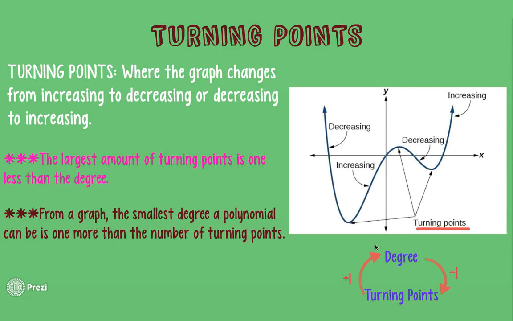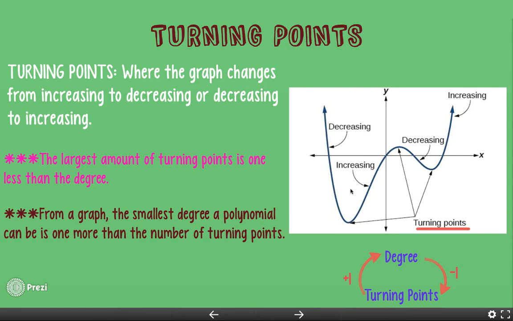Now the reason why I call it the smallest degree, let's think about it. Technically, we know that this graph right here is an even degree because the arrows are both pointing upward. Let's look at this statement right here. It says the largest amount of turning points is 1 less than the degree.